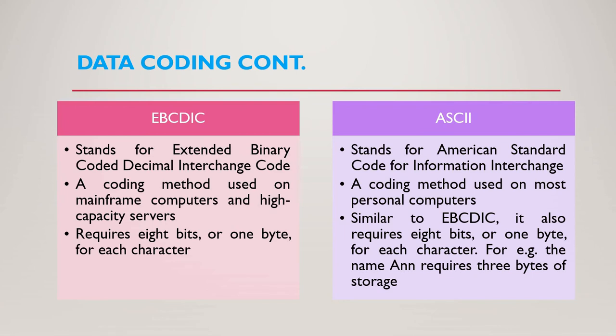EBCDIC is usually used for mainframe computers and also high capacity servers, and requires 8 bits or 1 byte for each character. Whereas for ASCII, I'm sure you are already familiar with ASCII because you have been exposed to ASCII codes during part 1. Which has specific values, right?